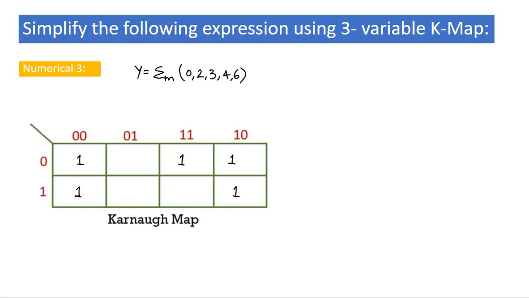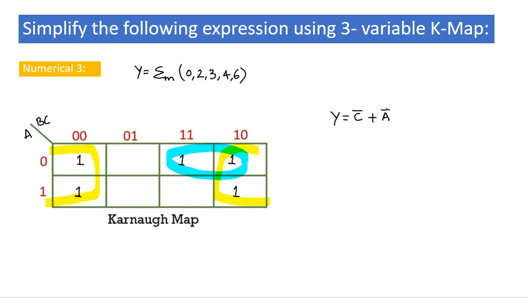So I can group this in this form, and I can group this in this particular form. Again I will consider this as A and this as BC.